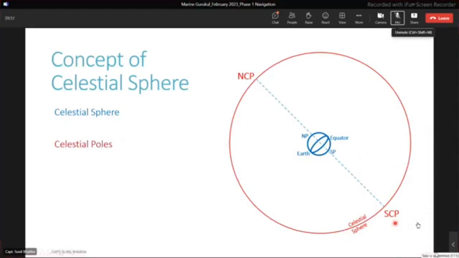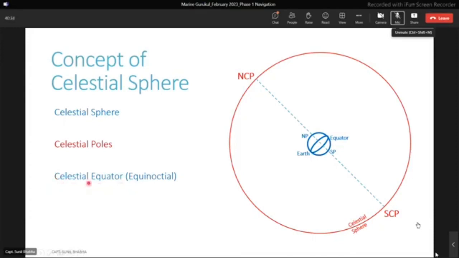Now, exactly as we have the equator on the surface of Earth, which is a great circle equidistant and exactly midway between both the poles, the North Pole and the South Pole, in the exact same manner, a great circle on the celestial sphere exactly midway, or equidistant, from the North Celestial Pole and the South Celestial Pole is known as the celestial equator.